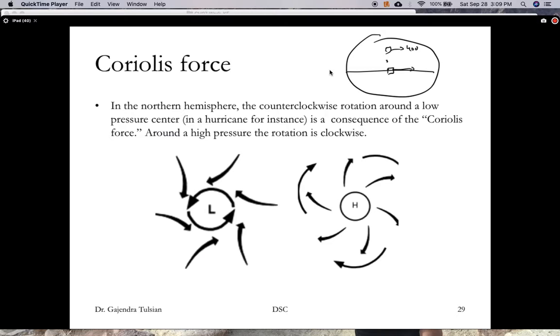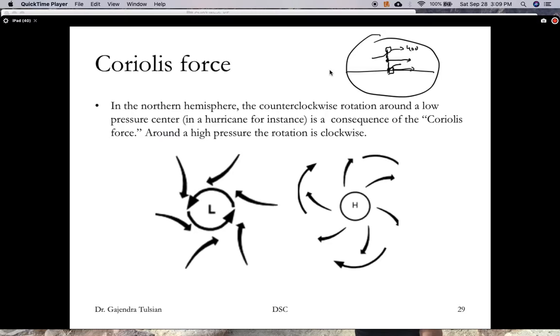And if there was a low pressure here, and this parcel of air moves toward there, and that parcel of air moves towards here, this part is moving at, this Earth is moving at 700 miles an hour, so this will lag behind. This is still going faster, this will get ahead. So with a low pressure in the northern hemisphere, you'll have a counterclockwise rotation, and similarly you'll see that air moves away from a high pressure, and you'll get a clockwise rotation.